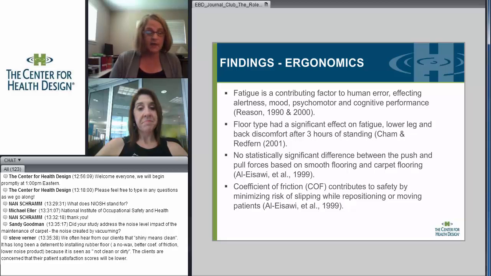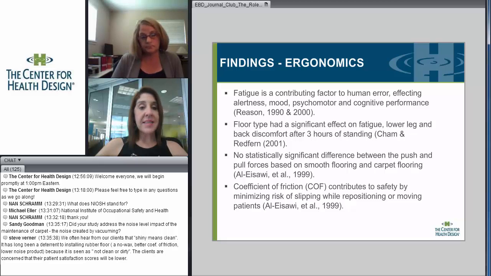And again, that research really spoke to me about when you're back in that patient room and you're helping a patient move from a wheelchair to a bed, or even repositioning them for some kind of treatment, a nurse or a lift team or whoever, they need to be able to position their bodies so that they're using their legs and their knees and not risking their lower back for injury. And that coefficient of friction plays a big part in contributing to them minimizing their risk.